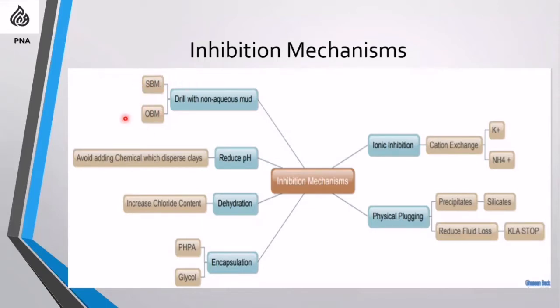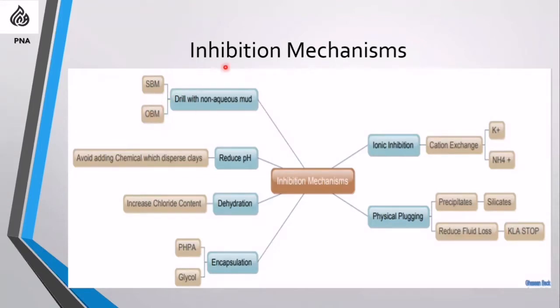It's just a difference in the base fluid: in OBM the base fluid is diesel, while in synthetic-based mud the base fluid is another oil. It's not diesel, it's a sulfur oil or non-hydrocarbon oil, but it's considered the same as OBM.